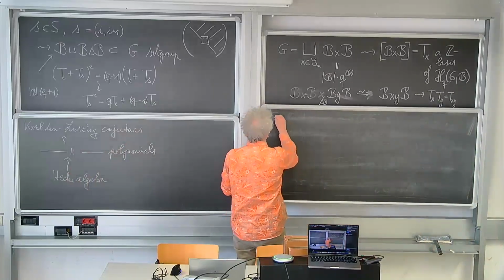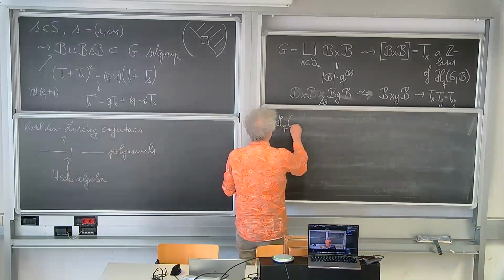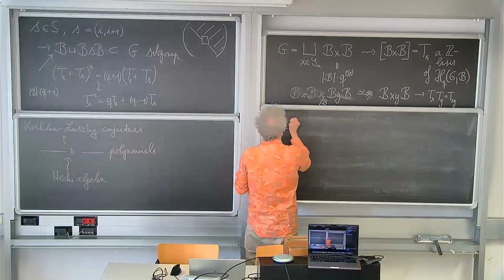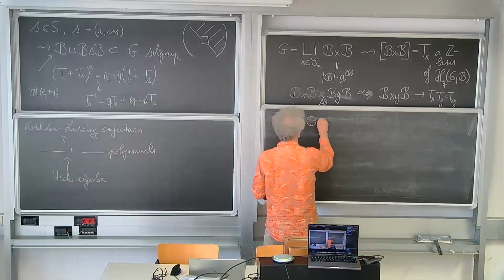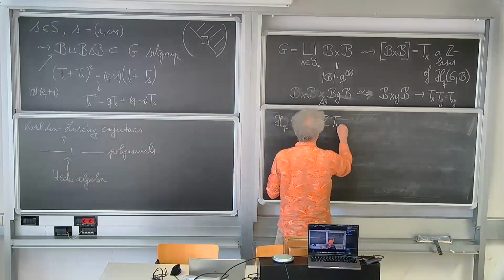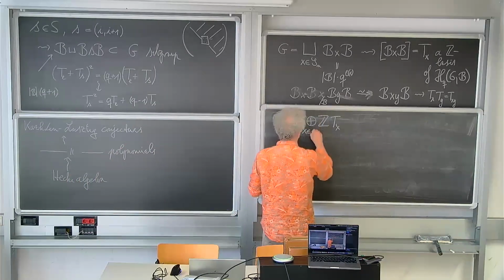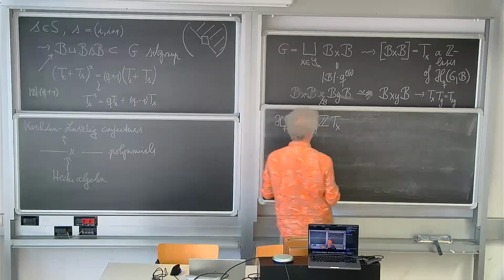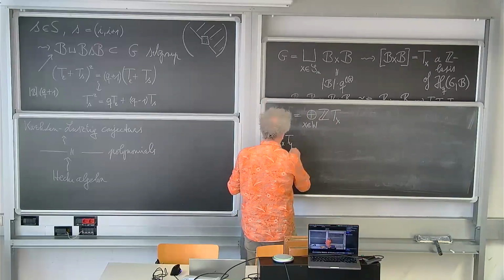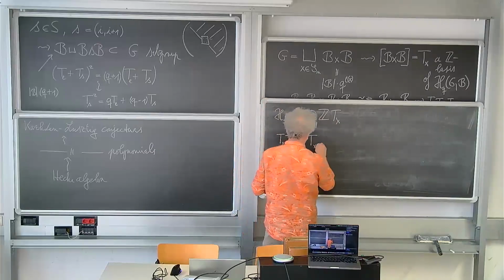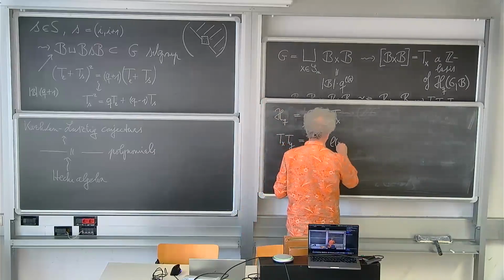So we have this Hecke algebra with a basis where x runs over the symmetric group, which I denote V, and we have Px Py equal to Pxy if the length adds up.